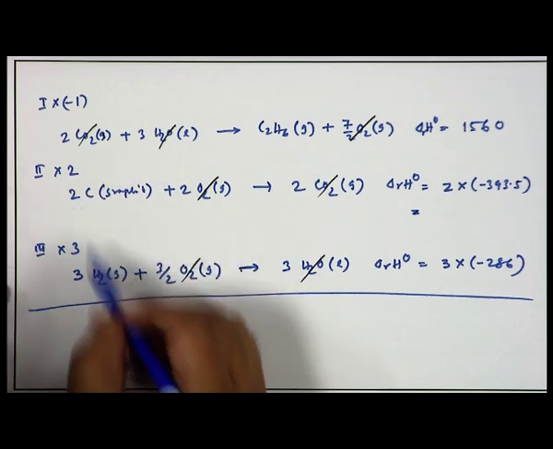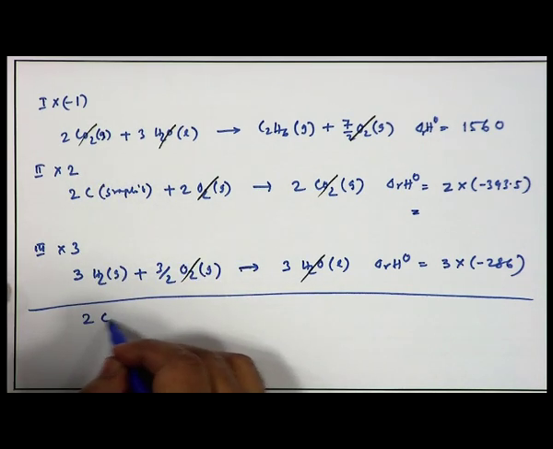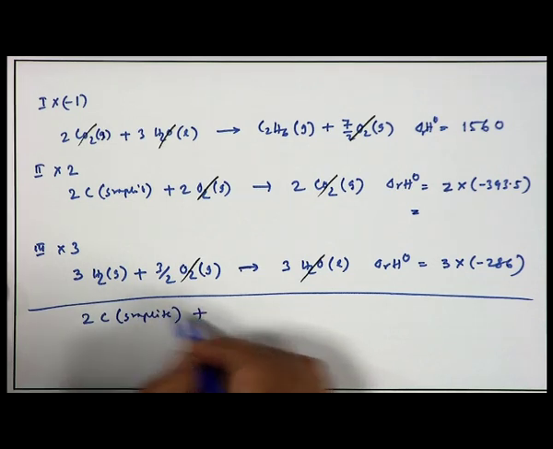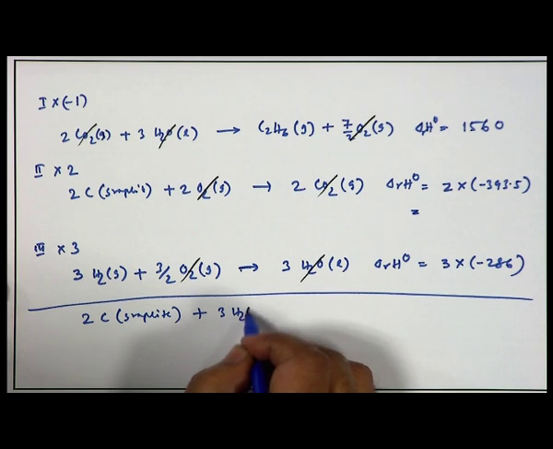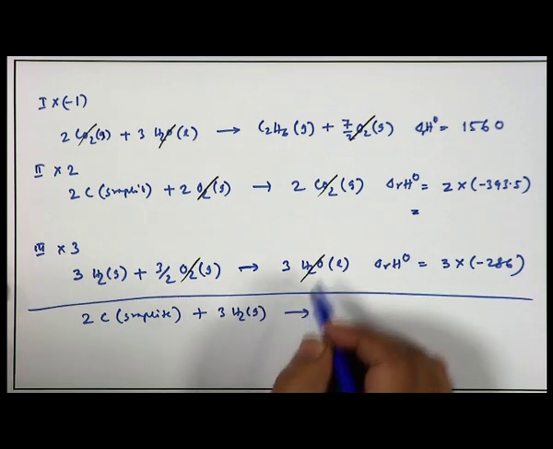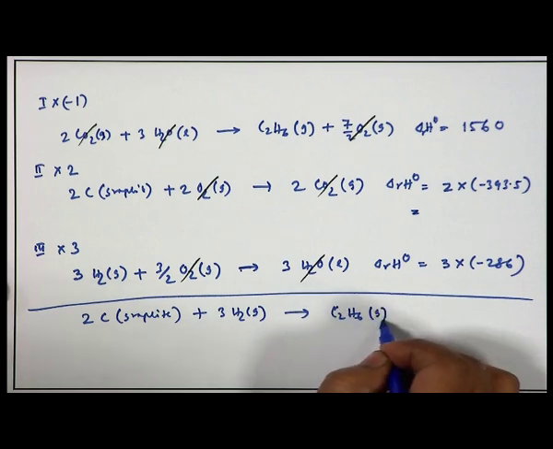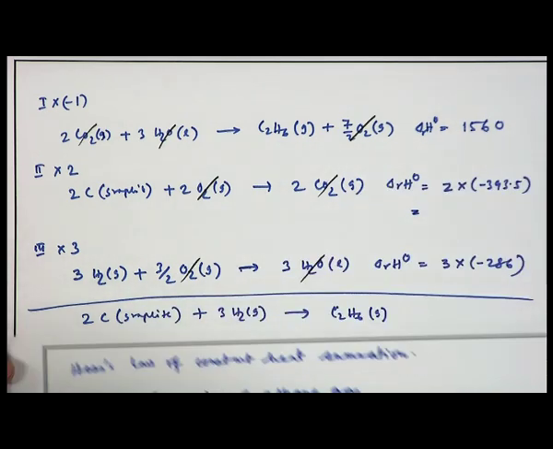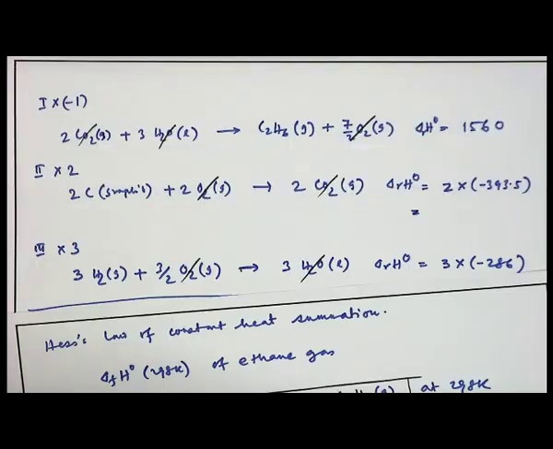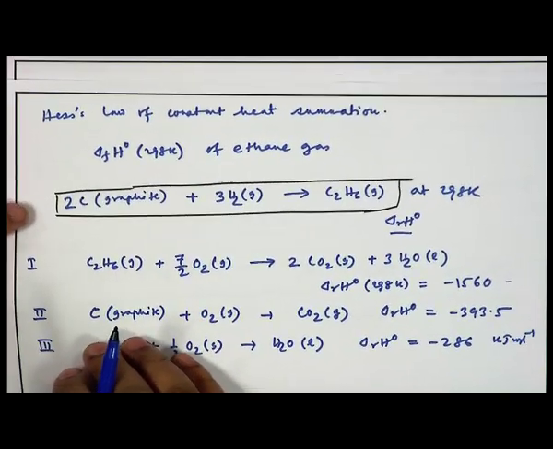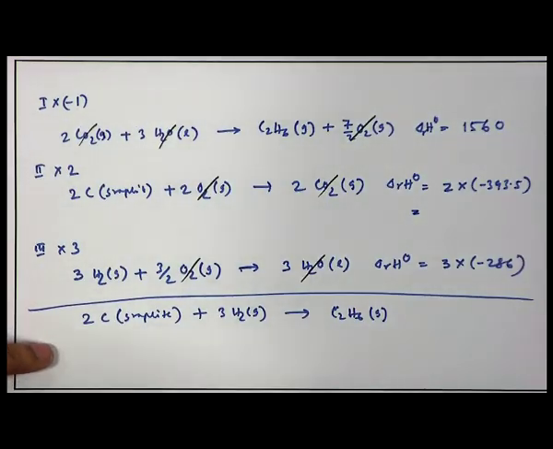So, we will end up with 2C graphite plus 3H2 gas on the left side and C2H6 gas on the right side. So, this is exactly the equation we wanted to get, our interest. So, this is exactly the expression.